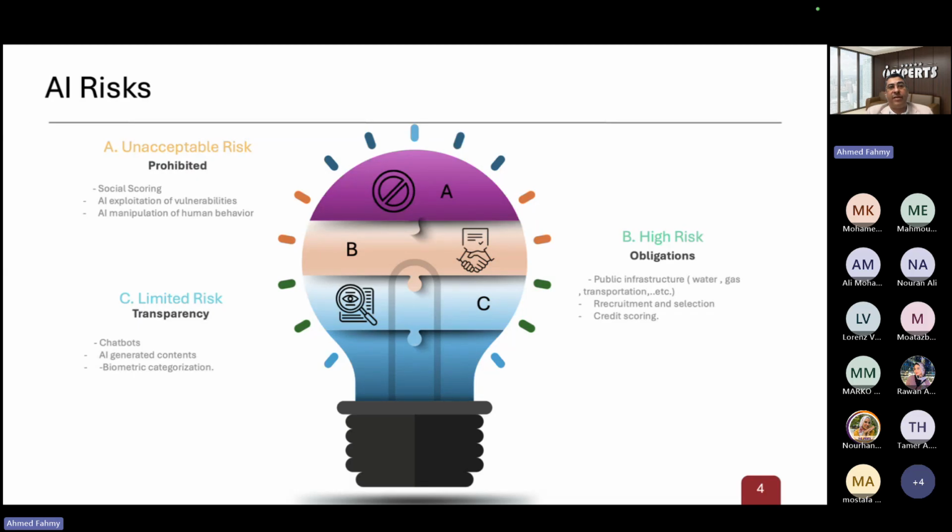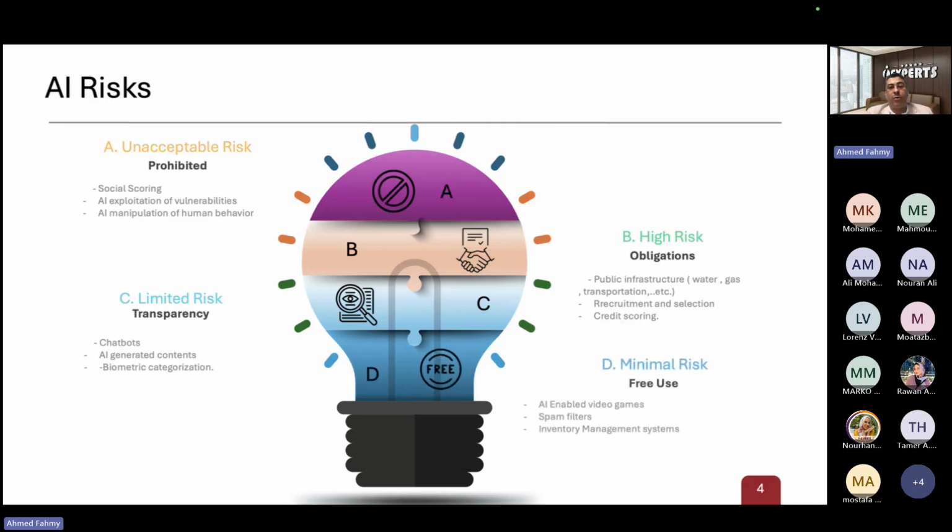If you are generating specific content or documents or writing emails with the help and support of different GPT engines, that is a kind of limited risk. So what is required here from the EU AI Act is to make sure that these systems are following the AI principles that we will come to know in a few minutes.